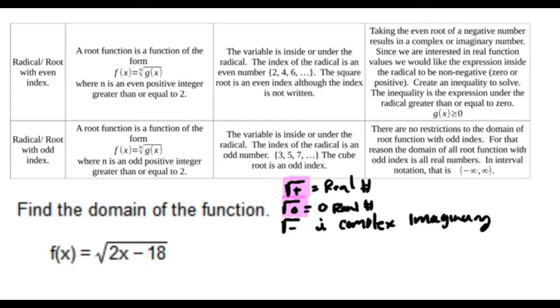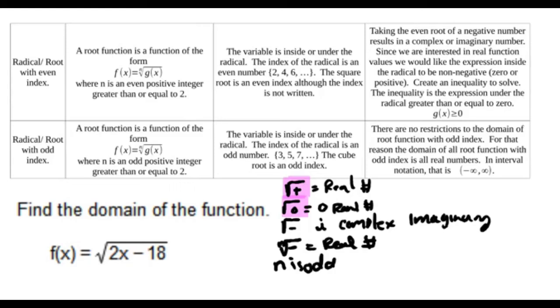So what's interesting about the difference between even index and odd index is that it doesn't have the same restrictions. If we have the nth root of a negative and n is odd, that is a real number.